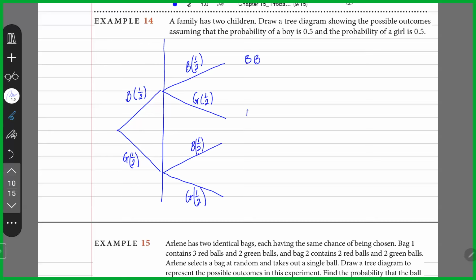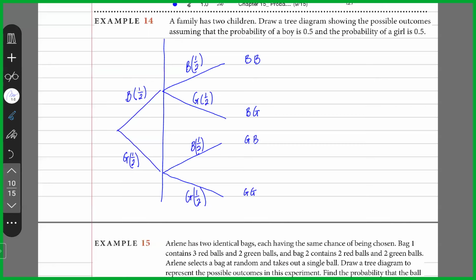This is BG. The first child is a boy, the second child is a girl. GB and GG. So this is what the tree diagram would look like for a family that has 2 children, and the probability of a boy is 0.5, and the probability of a girl is 0.5.